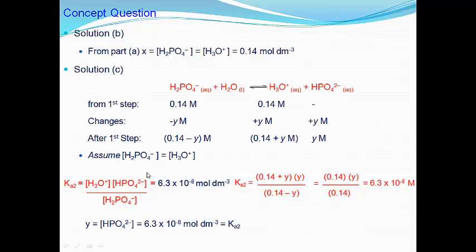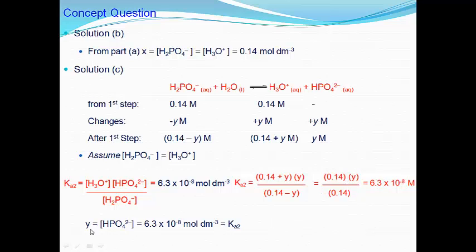And so if we were to now use our equilibrium constant, which is the concentration of H3O plus times the concentration of HPO4 2 minus over H2PO4 minus, then we can plug in our values, and we get Ka is equal to, as shown here. We rearrange our equation and do our simple math.